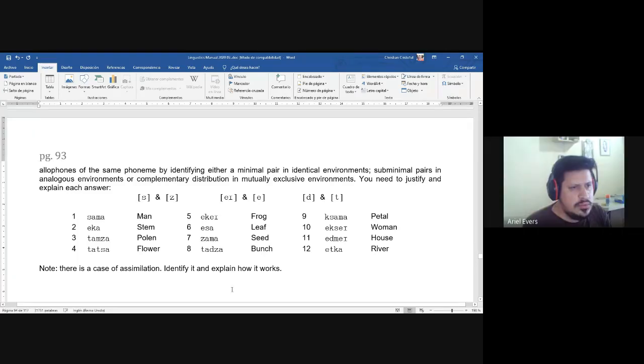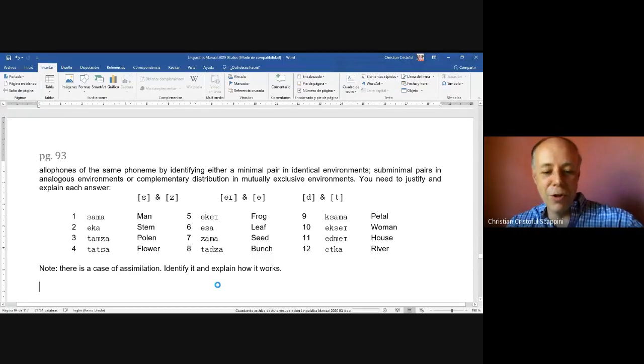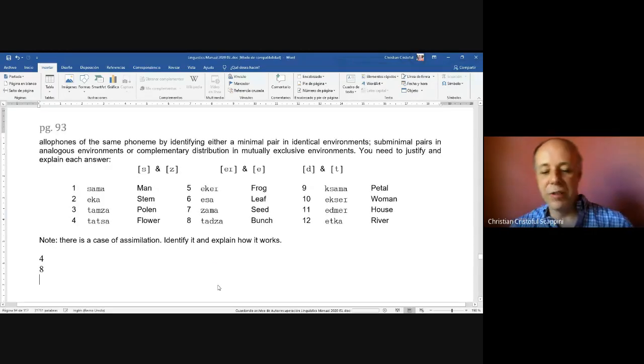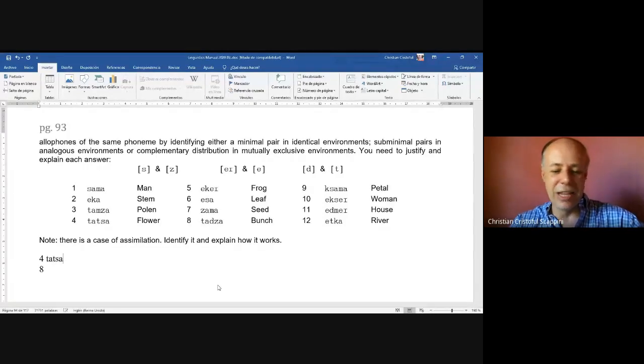Could it be, I'm just guessing, either 4 or 8? Yes, you are right. 4 and 8. There is a case of assimilation here. Absolutely right. Number 4, that gets our attention, right? It's very suspicious. Tadsa. Yes, very good. Notice the assimilation here.